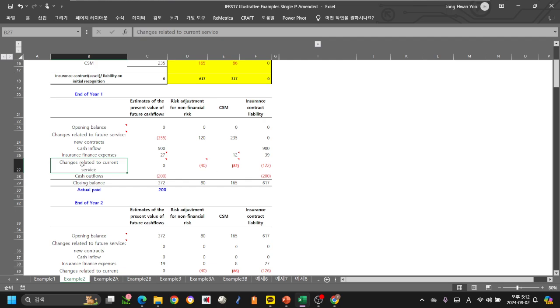So this one means that this is an estimate, the experience adjustment. But for the RA and CSM, it means during this time, year one, I provide the policyholder with the insurance service, the coverage. So I'm going to be compensated for the allocated portion. CSM is also allocated out of the total contract boundary.